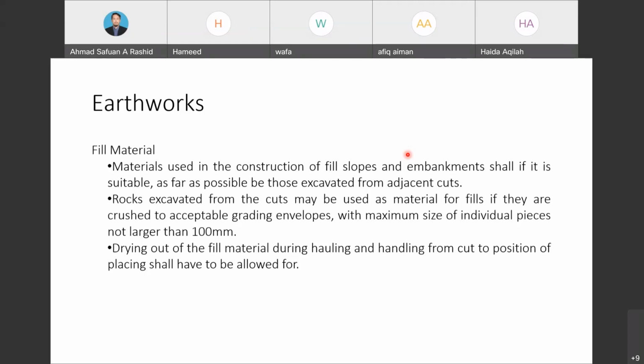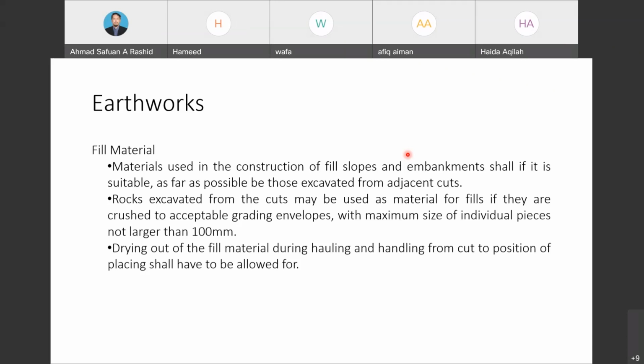Rock excavated from the cuts may be used as material for fill if it is crushed to an acceptable grading envelope, with a maximum size of individual pieces not larger than 100 mm. So if we want to use the rock material, it needs to be ground.